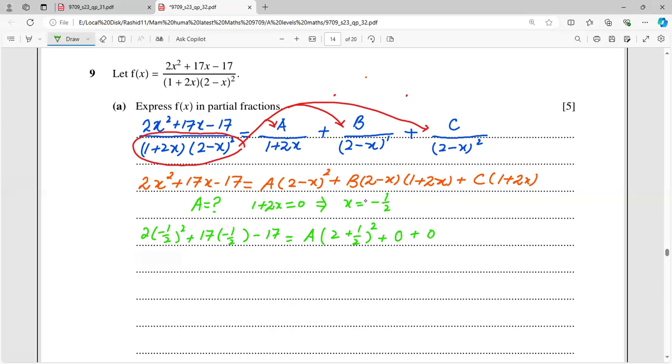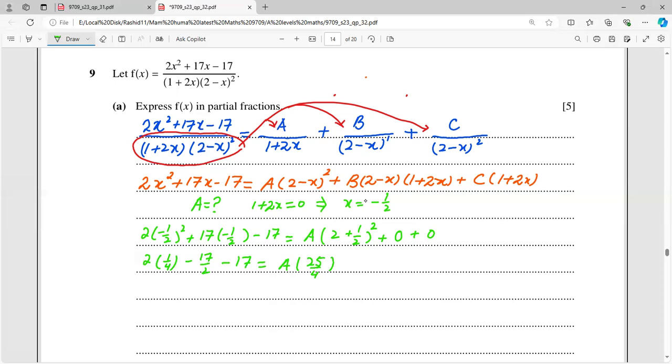B will be finished because when you replace 2 minus x or 1 plus 2x equal to 0, 1 plus 2x is 0, C is also 0. So over here we have the 2 times 1 by 4, the minus becomes positive, minus 17 by 2, minus 17 is equal to the A as it is, 2 to the 4 plus 1, 5, it becomes 25 by 4 if I am not wrong.